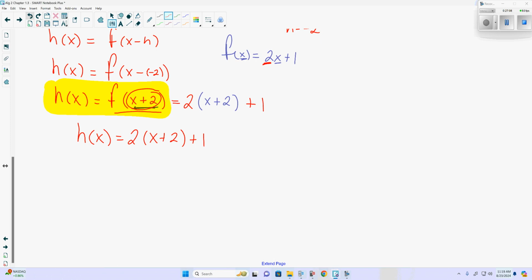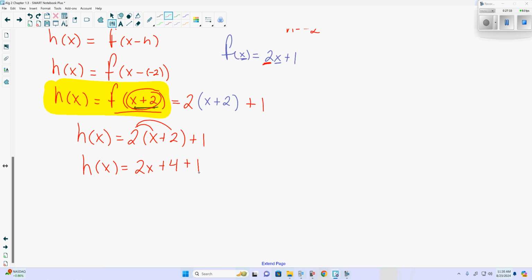Now, we need to simplify. The main thing we need to simplify first is our 2. We need to distribute it through. As we multiply, distribute that 2.